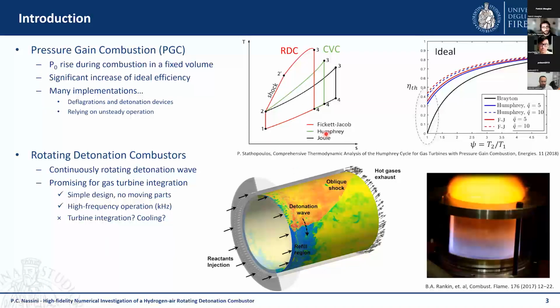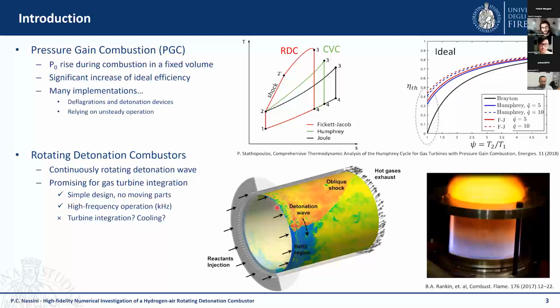Among these devices, probably the most interesting are the rotating detonation combustors, because they are not only very promising for propulsion, but also for gas turbine integration. This is basically because their design is quite simple. They don't have moving parts, and the frequency they work at is very high, and this mitigates the fluctuations which reach an eventual downstream turbine.